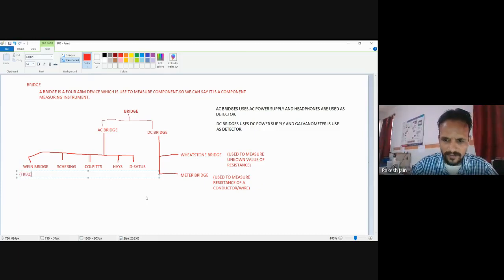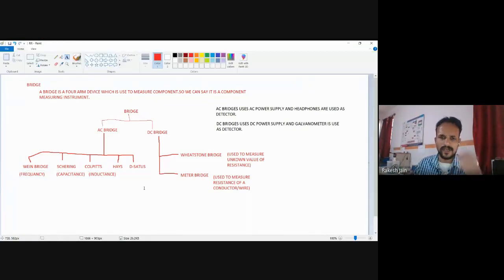I directly write down frequency so you understand that it is used to measure frequency. The Schering bridge is used to measure capacitance. The Colpitts bridge is used to measure inductance. Similarly, the Hayes bridge is used for self-inductance of a coil, and the De Sauty bridge is used to measure capacitance also. So these are different kinds of bridges which can be categorized on the basis of their use.